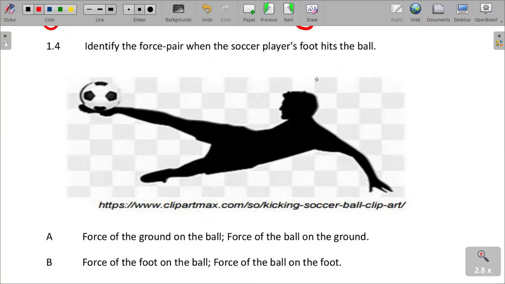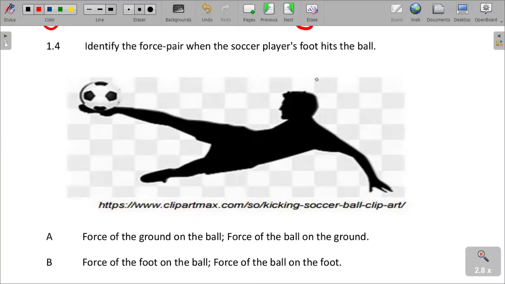So we should understand that there is a force of the ground on the ball. But as the soccer player hits the ball, we cannot say force of the ground on the ball. It is gravitational force, which we can't say when this man is hitting the ball.